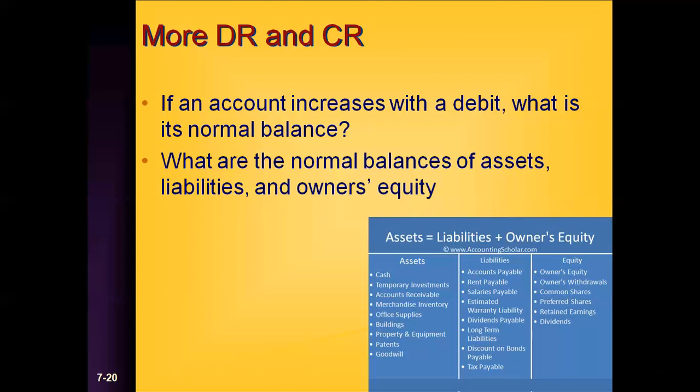A credit to the liability account and a credit to the owner's equity account. If you do that, then as shown in the accounting equation, your assets will stay in balance and they will equal your liabilities and owner's equity. So a debit to an asset account would typically result in a credit to the liability and the owner's equity account.